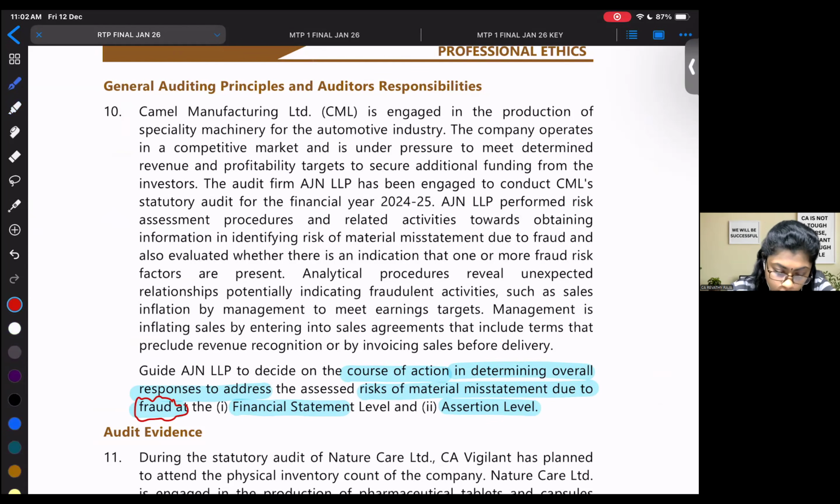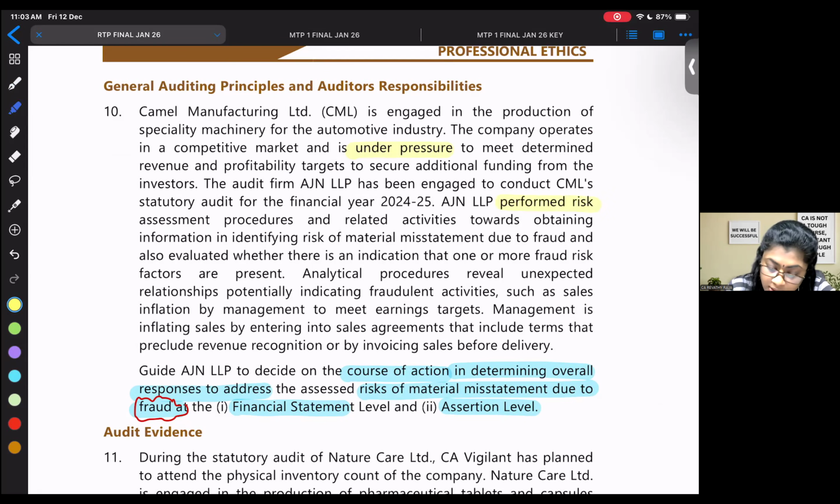Now read above. Camel Manufacturing Limited is engaged in production of machinery for the automotive industry. The company operates in a competitive market. It's under pressure to meet the determined revenue and profitability target to ensure additional funding. The audit firm AJN has been engaged to conduct the audit.